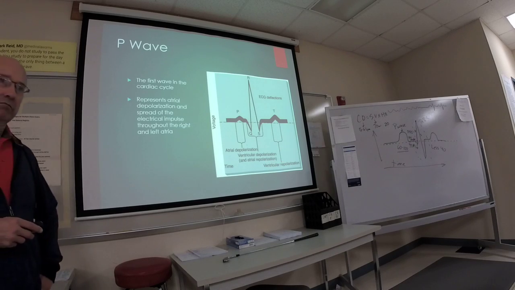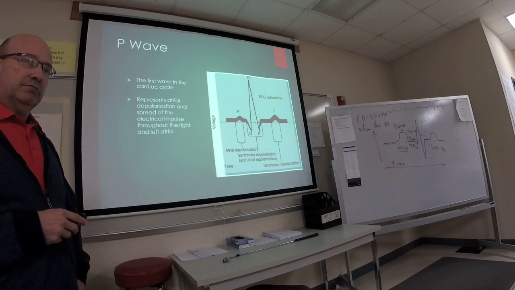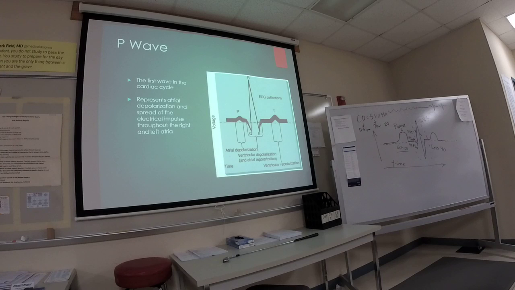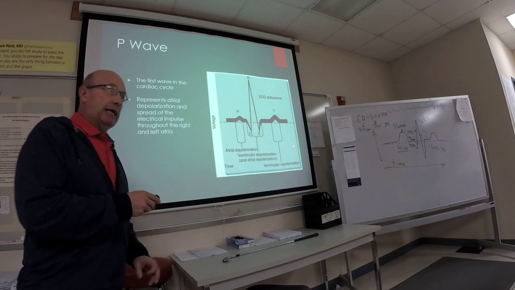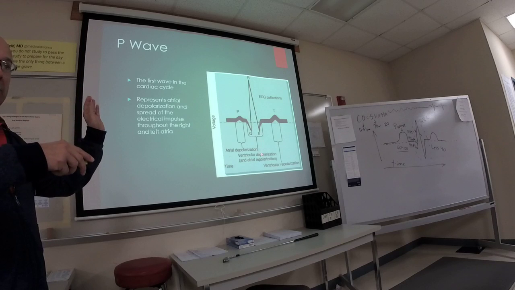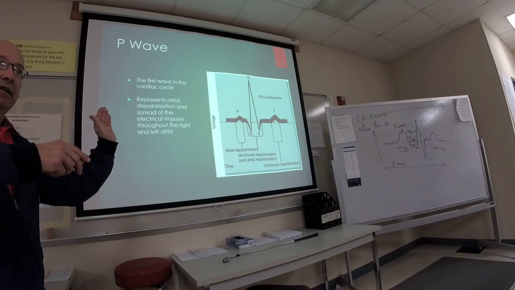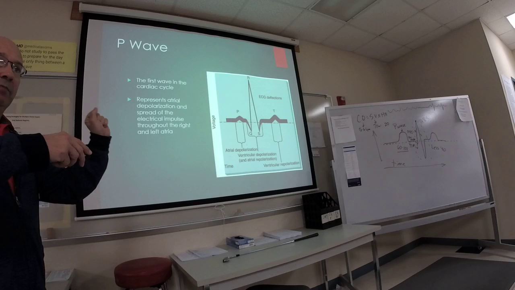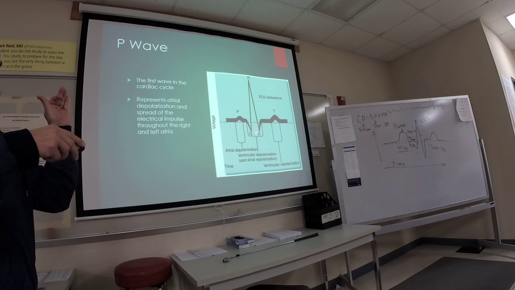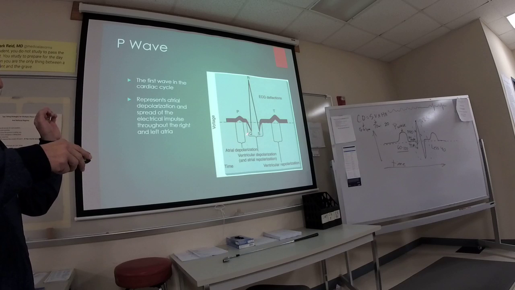What's missing? Right, atrial repolarization. It's missing because of the amplitude of this QRS complex. This has so much energy, let's say, or amplitude, that it hides the repolarization of the atrium.